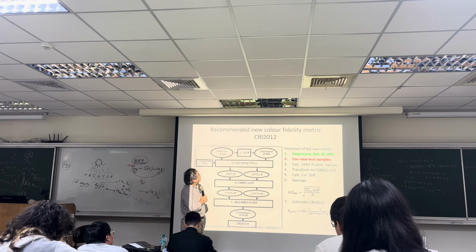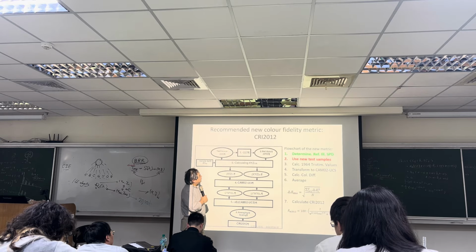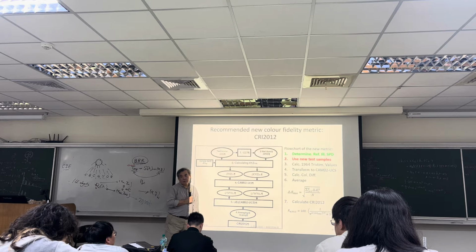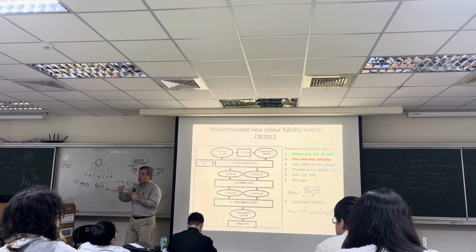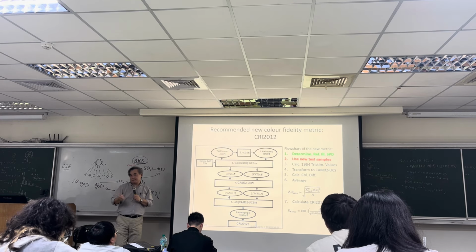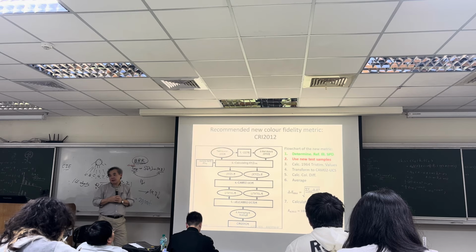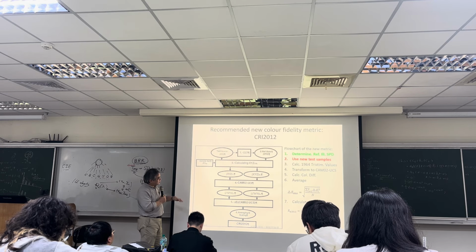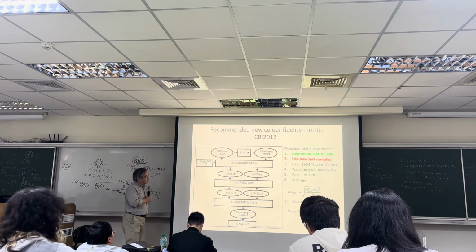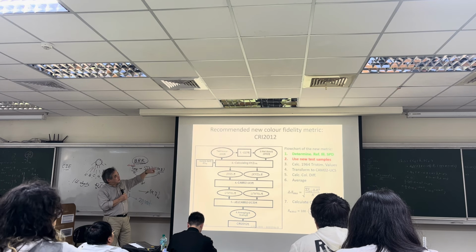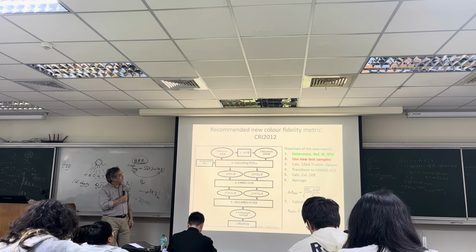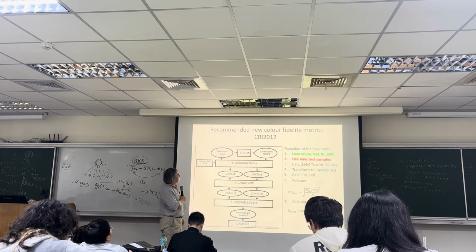The new index tries to evaluate color fidelity. What is fidelity? It means how similar things are to each other. So this index is designed to evaluate color fidelity. How to calculate it?